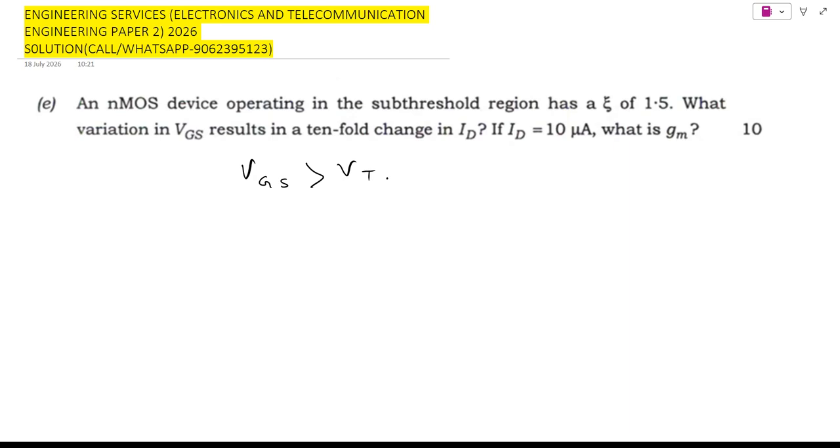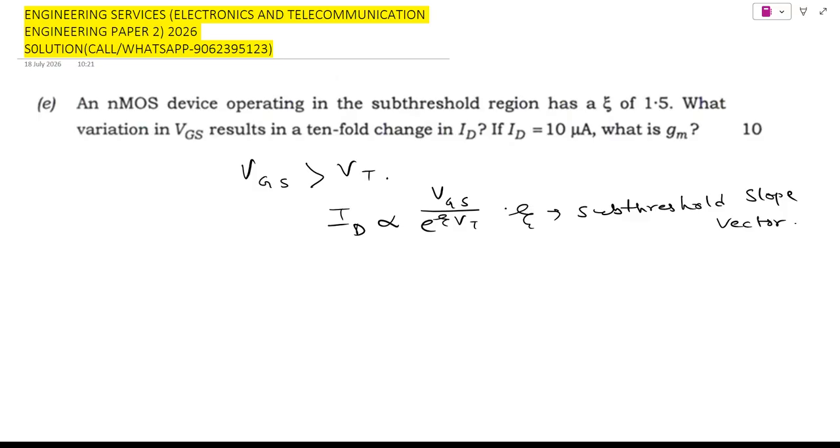Now remember the current equation in weak inversion. ID is directly proportional to exponential of VGS over n VT, where n is the sub-threshold slope factor, and VT is the thermal voltage.